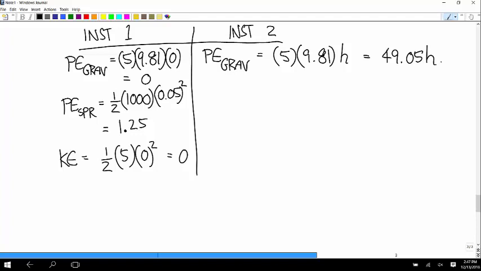And then what do we know about the spring potential energy? Once the spring stops touching the object that you care about, there's no more spring potential energy. You could be compressing or stretching the spring, but that doesn't have any effect on the thing that you're analyzing anymore. So the spring potential energy is 0.